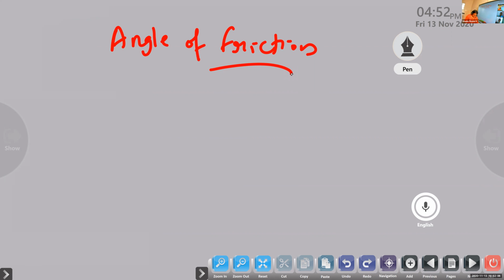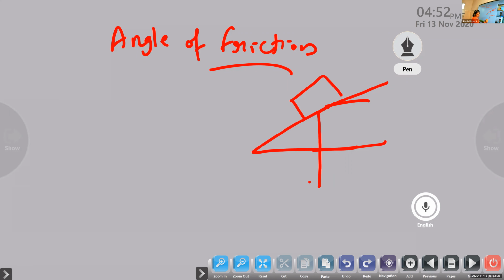Okay. So for that, we can just take an object on an inclined plane. Instead of a car, you just take an object which is moving down an inclined plane. So let us have a block or any object, and the gravitational force or weight is acting vertically.